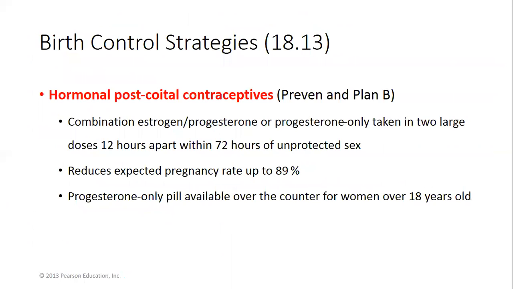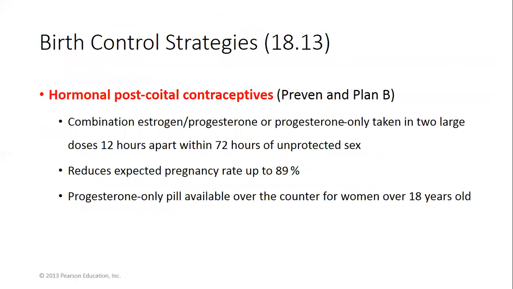There's also postcoital hormonal contraceptives, that's after intercourse. These aren't recommended to take constantly or regularly. This is just for an oops situation where you're concerned about pregnancy and haven't been on any form of oral contraceptive or intrauterine device and maybe didn't use protection.